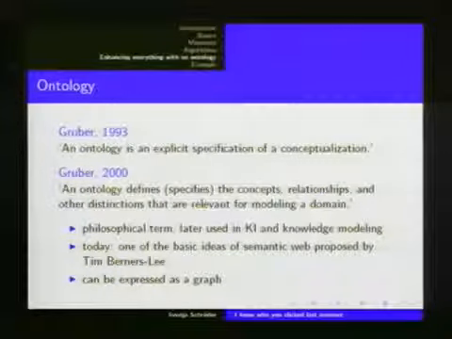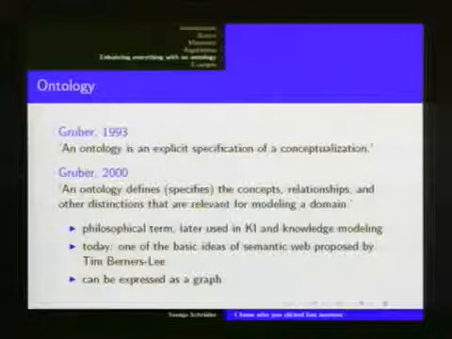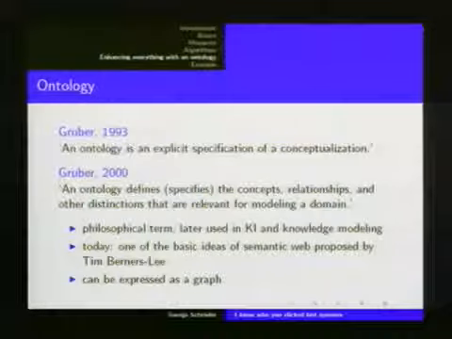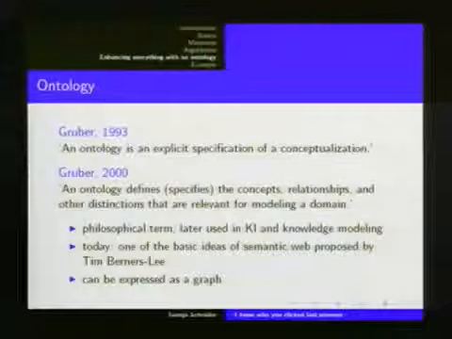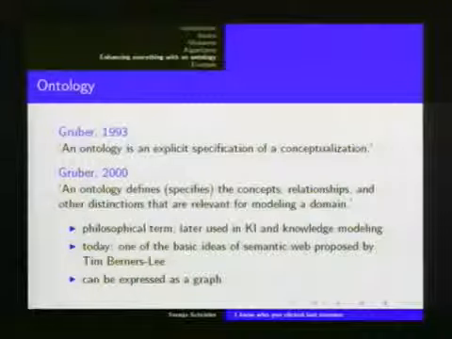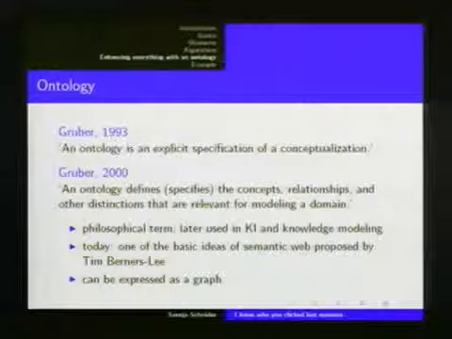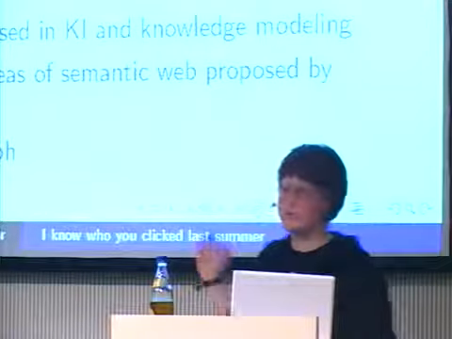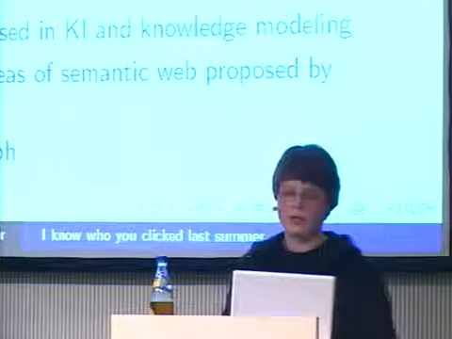And later on, he wrote a better explanation: that an ontology defines or specifies the concepts, relationships, and other distinctions that are relevant for modeling a domain. So if you want to model a domain from everyday life, you could do this by specifying an ontology. It's really as abstract as it stands there, because you could really model everything as an ontology.